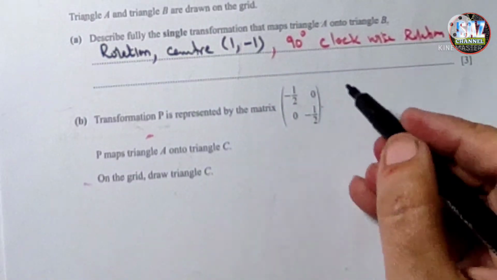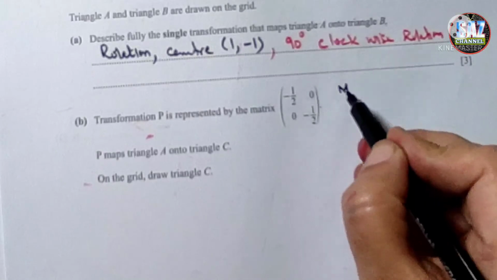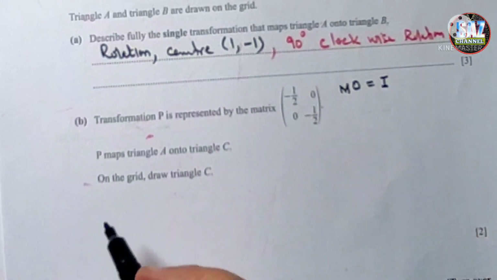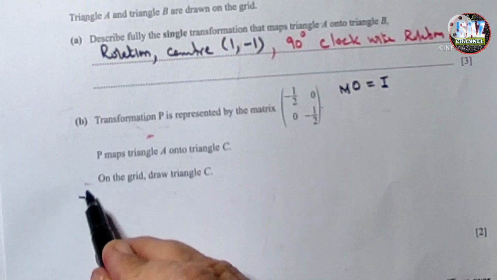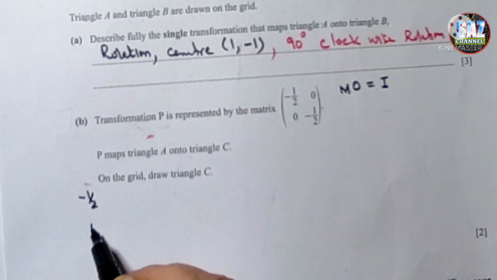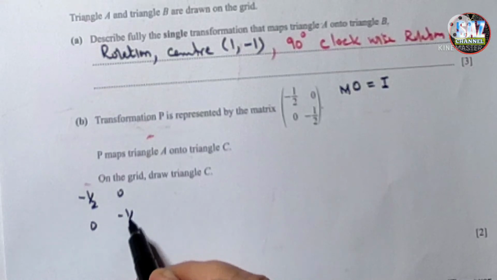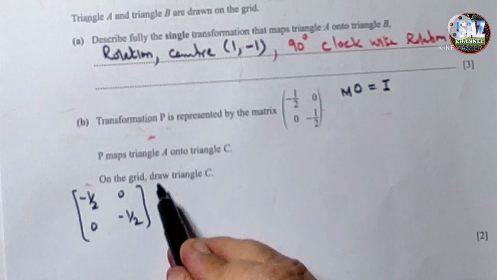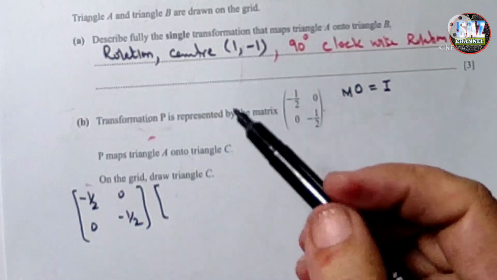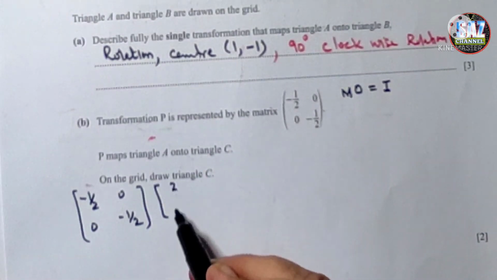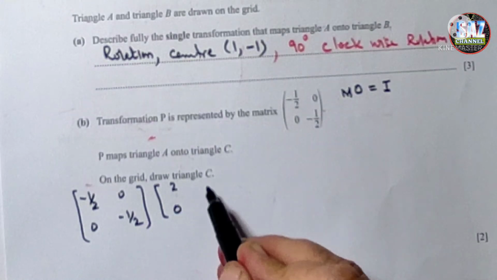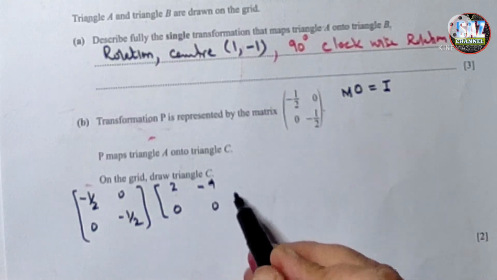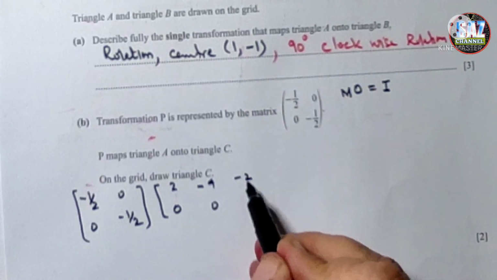So recall the method: matrix times object equals image. The matrix is -1/2, 0, 0, -1/2, multiplied by the object: (2, 0), (-4, 0) and (-2, 4).